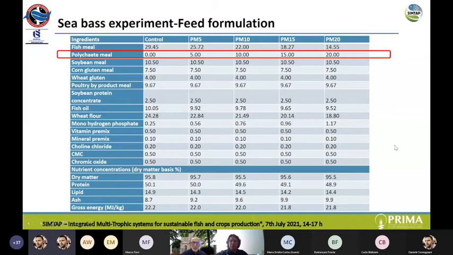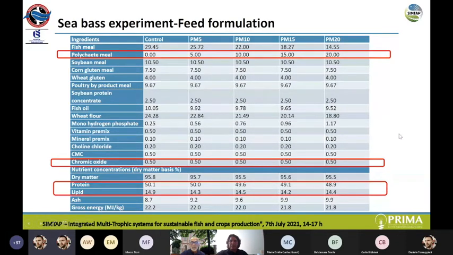Not so much, but only 0.5%. And we also included chromic oxide as inert indicator to estimate the nutrient digestibilities. And then we set protein and lipid at 50% and 40% respectively.